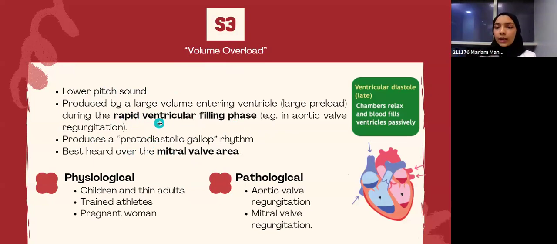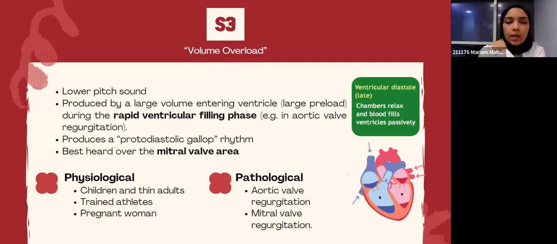This happens during the rapid ventricular filling. So when the systole ends and then there's diastole, there is rapid ventricular filling and then the atrium will contract. So during this rapid ventricular filling, you will hear the S3 sound. S3 can be caused by physiological or pathological causes.